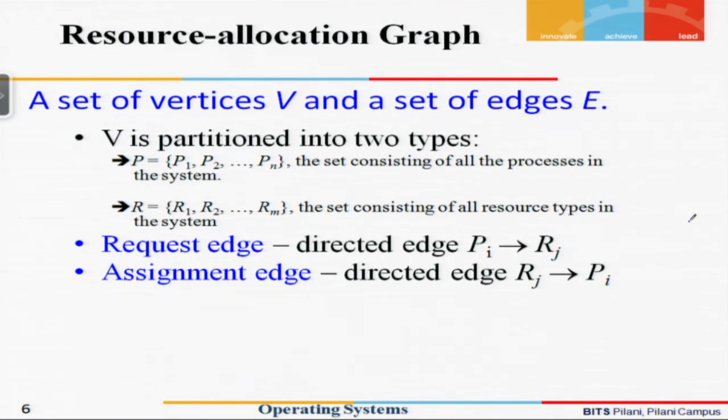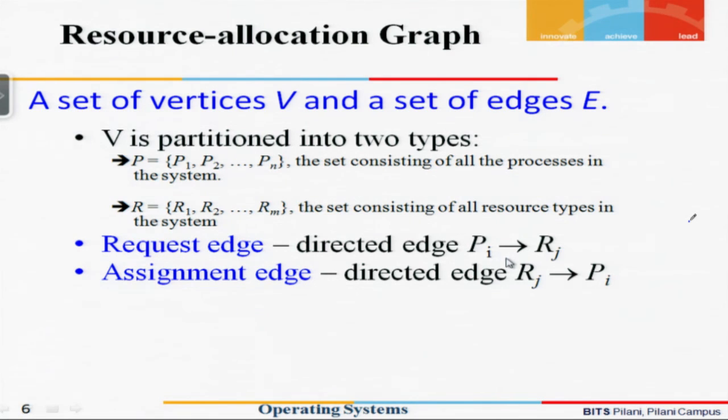A request edge is a directed edge, depicted as Pi to Rj, and this means that process Pi is making a request for a resource Rj. This is how it is depicted in the system.